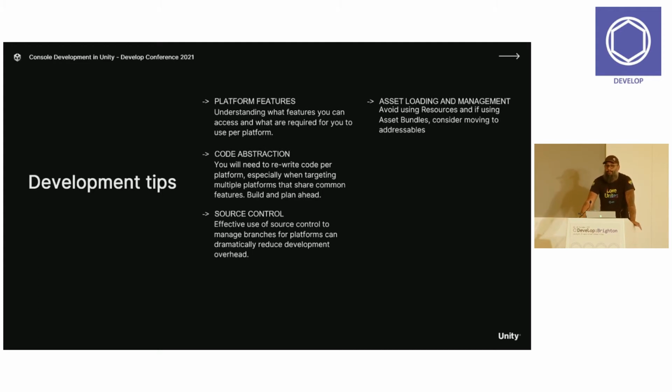Patching is another thing. It doesn't look great if your game requires you to update a bug fix every other week as your users are finding it and they're downloading 27 gigabytes every time on a Switch or something. That's not going to go down well, is it? So start looking at asset bundles and these kinds of solutions, or addressables, to help you through that.